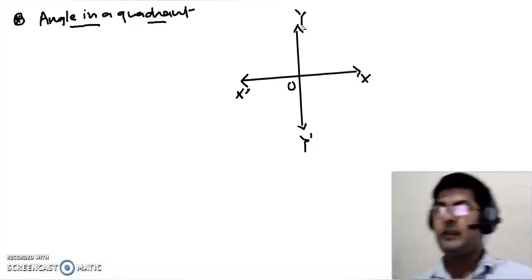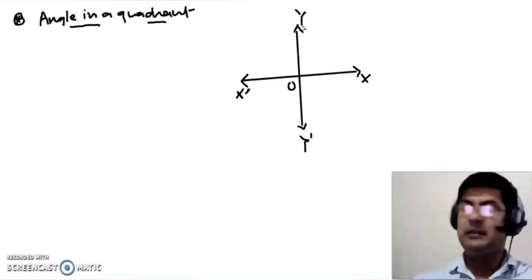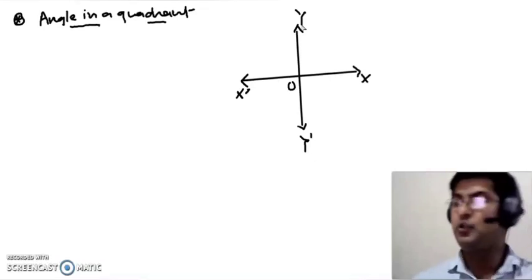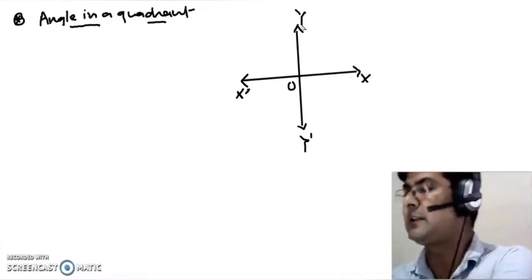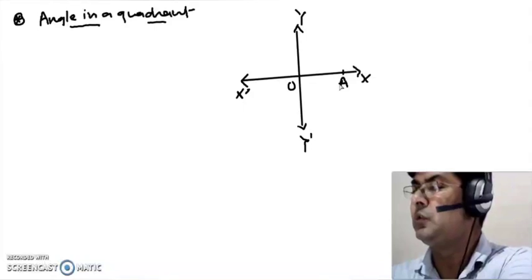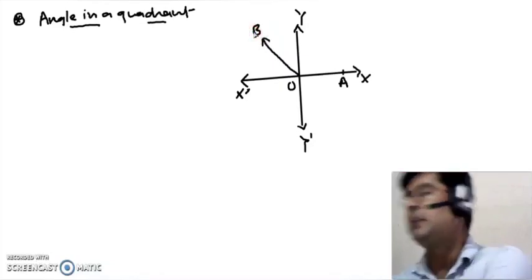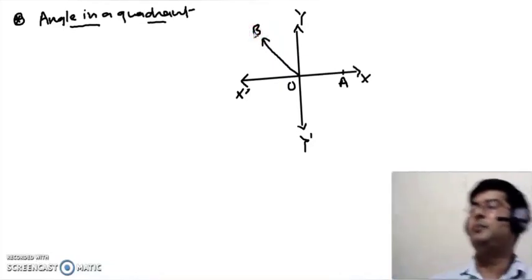Now, angle in a quadrant. Any angle in the standard position is said to be in a particular quadrant. For example, suppose we have angle AOB. Now look at angle AOB.